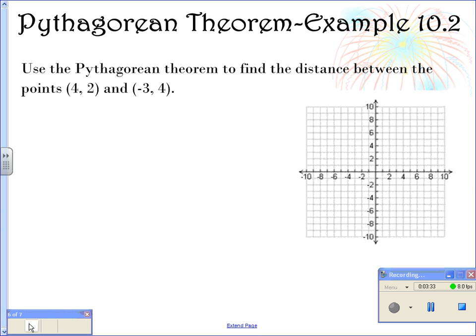We want to use Pythagorean theorem to find the distance between the points 4, 2 and negative 3, 4. We have a graph. So what do you think we should do first? Graph it. Okay, will someone go graph the 2 points? Okay.